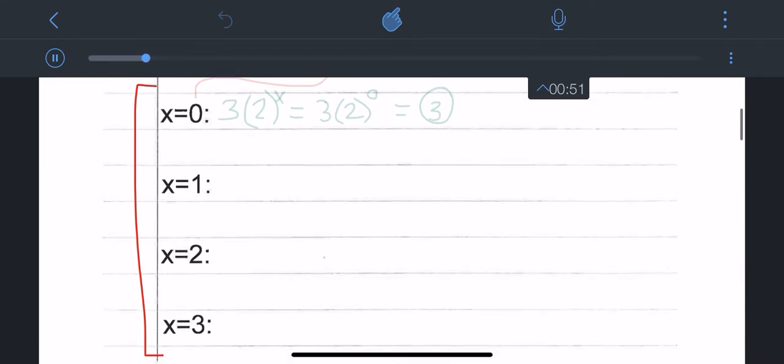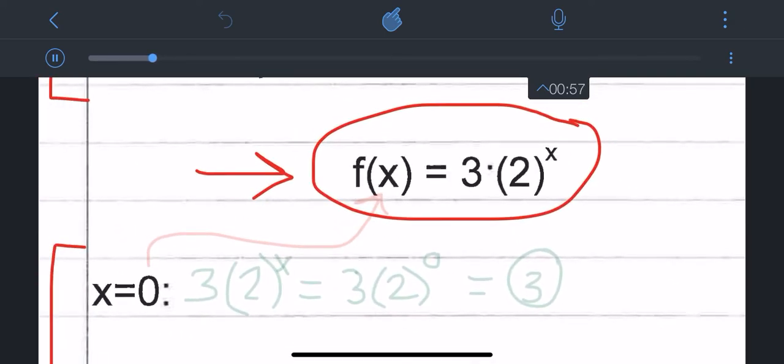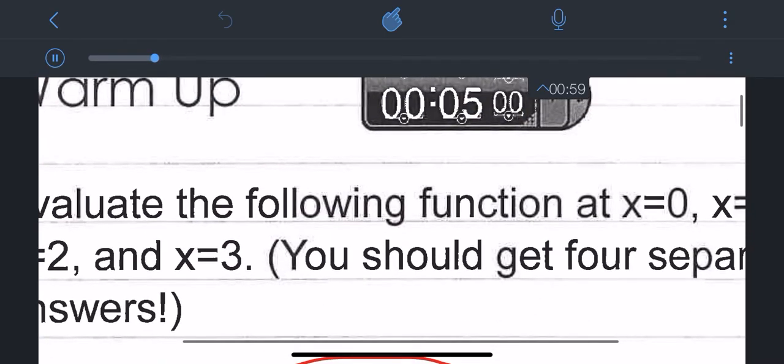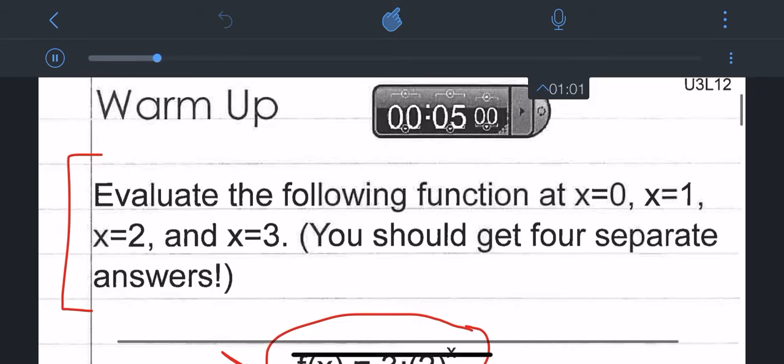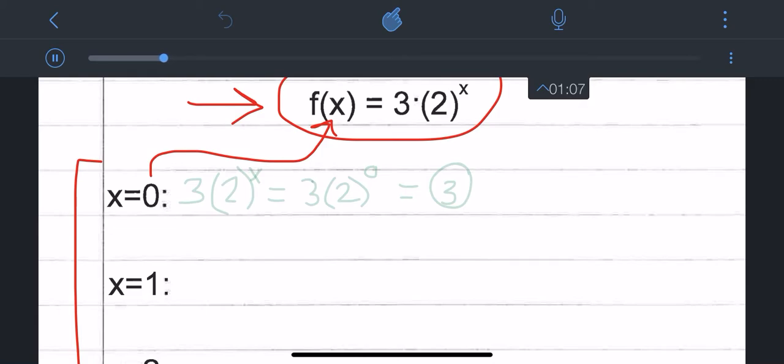Now, this is something we've done already, so this is just a warm-up problem. But if you forgot how to do it, we're evaluating for each value of x, so that means any x value you're going to plug in for x. So if my function is 3 times 2 to the x power, well, they want me to evaluate at 0.